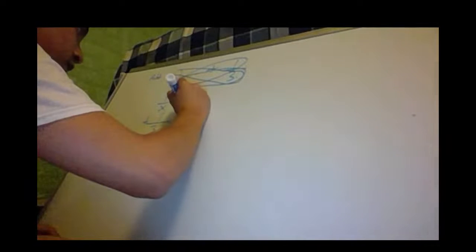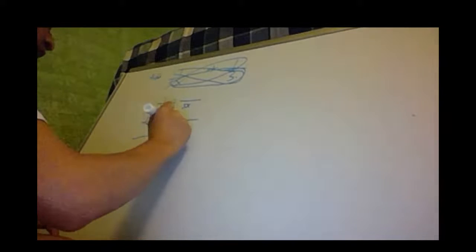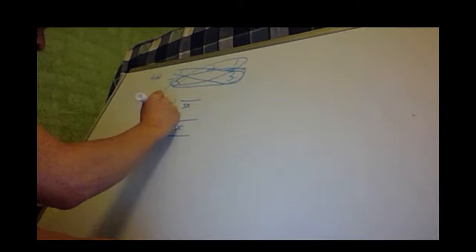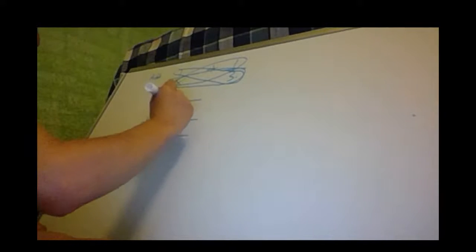So basically, I can say that this equals 3x, and this can also equal 3x, because to go from 3 to x, we have times x, and then what I do to the bottom, I do to the top, so 1 times x, so this is just x.